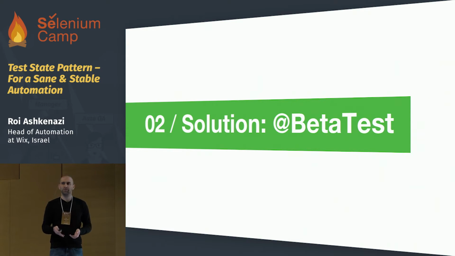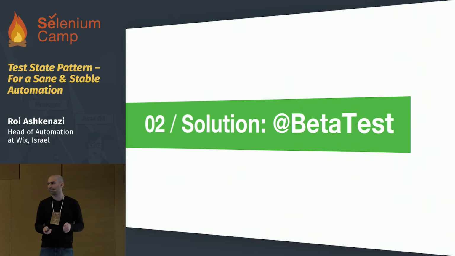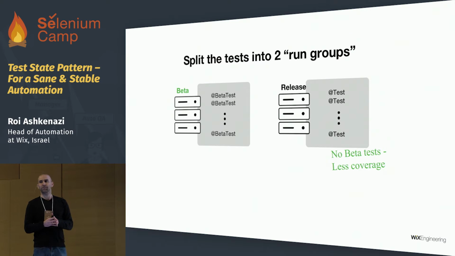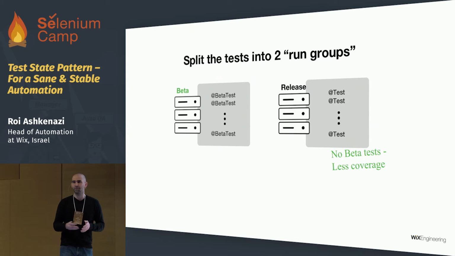So our first solution, when we've encountered this problem in Wix, was to create some special annotation, which we used to call beta test. And then we split all those tests to different groups. New tests were given this annotation called beta test. And the stable tests, the old ones, were just annotated with the regular JUnit test annotation.